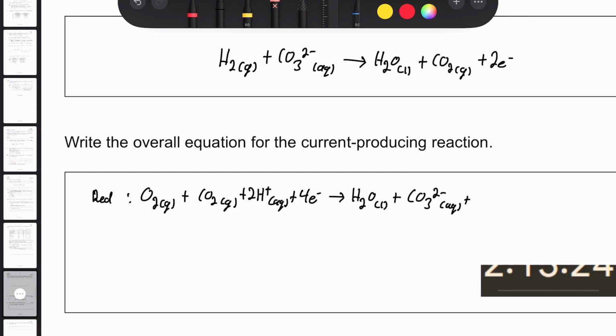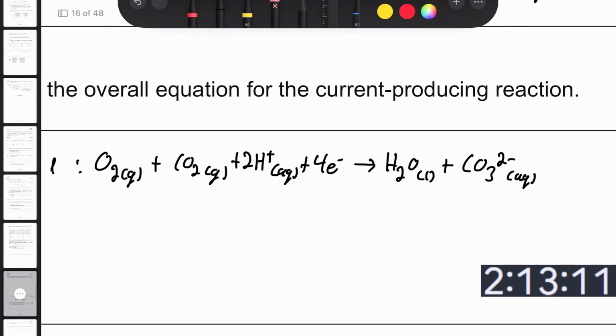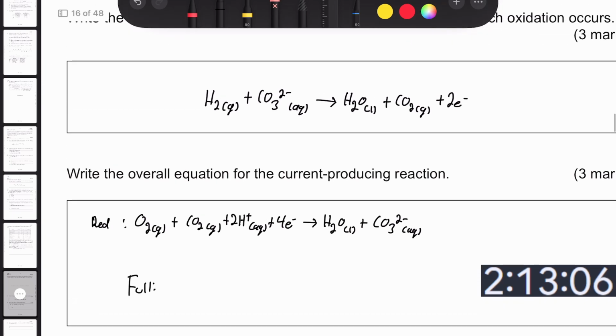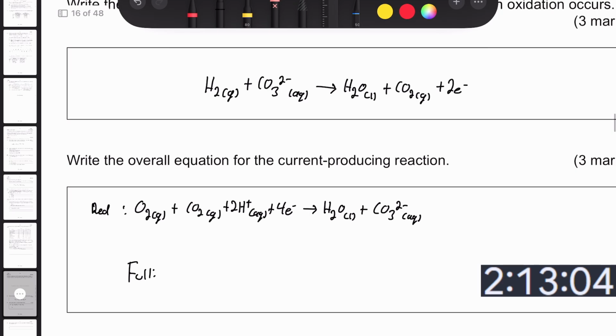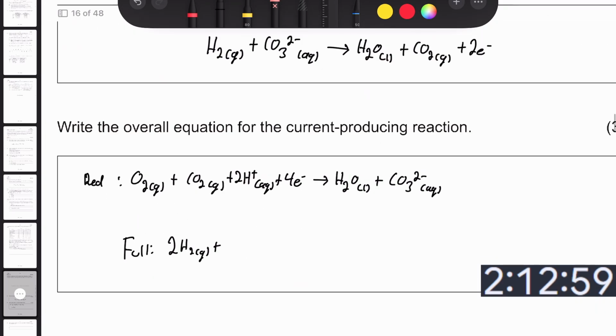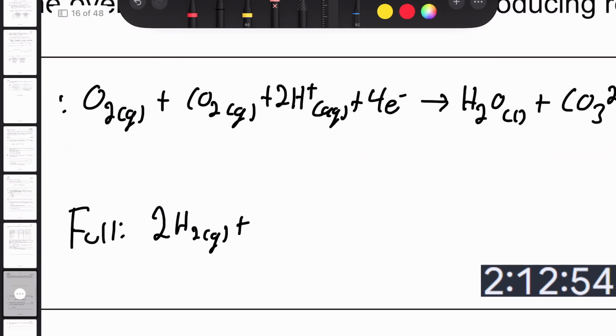So I think I'm onto something. They're produced at the cathode, so 4e minus. I think this will be it. So then my full equation is going to be, I need two of the top equations. So 2H2 gas plus, I'm going to have 2 CO3 on the right, so CO3 2 minus.